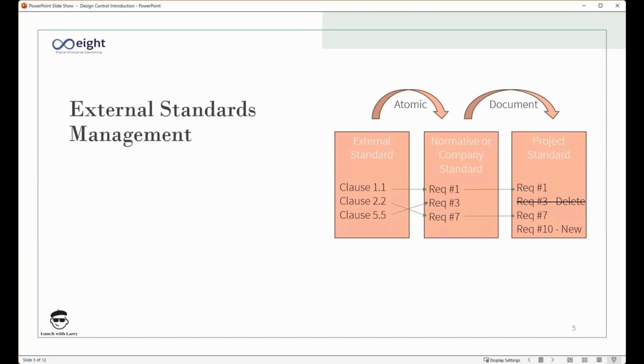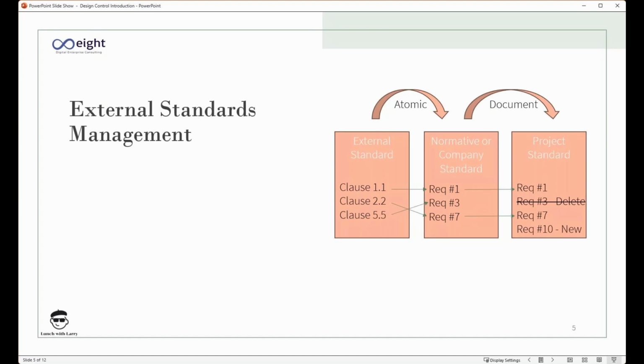And what that allows us to do is abstract how we're going to deploy requirements from a product type standpoint from the actual product itself, because each product has slight differences between what is a normative company standard and the project itself. So in some cases, we may decide that a requirement that's in the library doesn't apply and we'll strike it. Or we might have things that we're deploying in this particular project that are different than the standard, and we're going to have some requirements that are new.